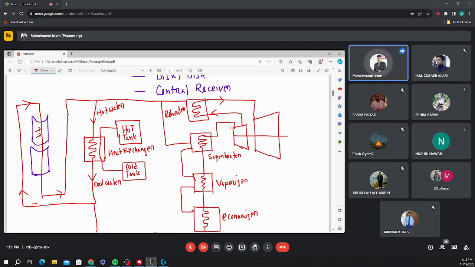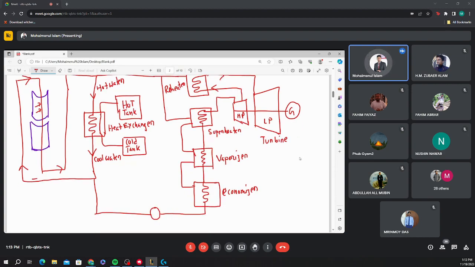And then the turbine is connected to the generator. This is turbine. This one is LP, this one is HP, high pressure and low pressure turbine. And after that, the turbine releases the steam. That means the condensated steam.